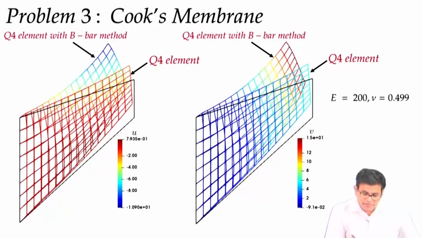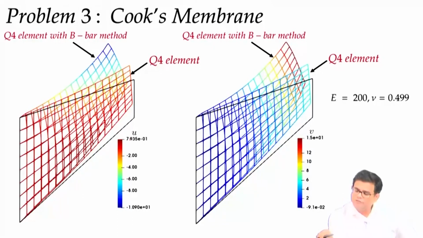You can see that the V and U displacements are very different between Q4 and Q4 with the B-bar method. Again, this is the advantage of the strain projection method: because it approximates the volumetric strain properly, it alleviates the volumetric incompressibility constraint so that the deviatoric component of the solution pops up. That is the main objective.